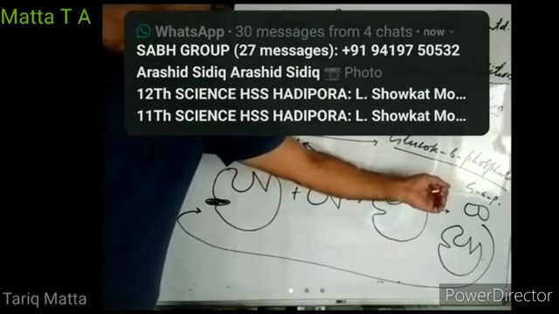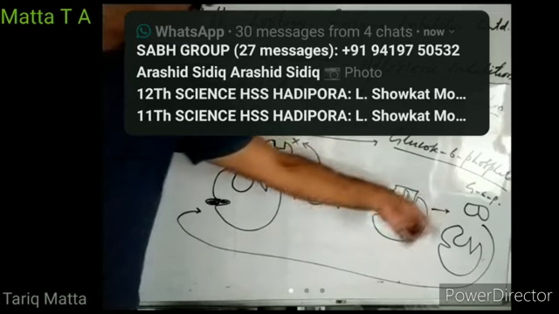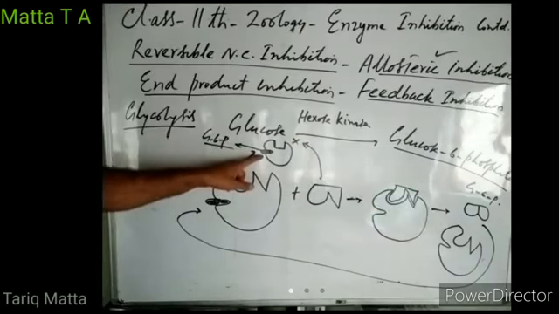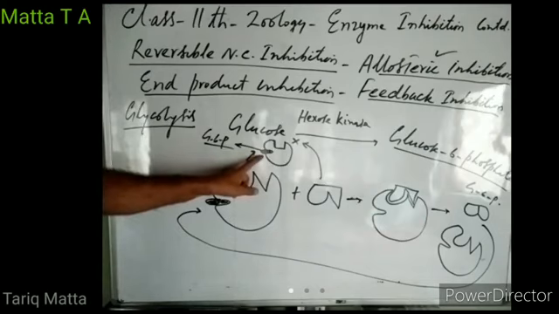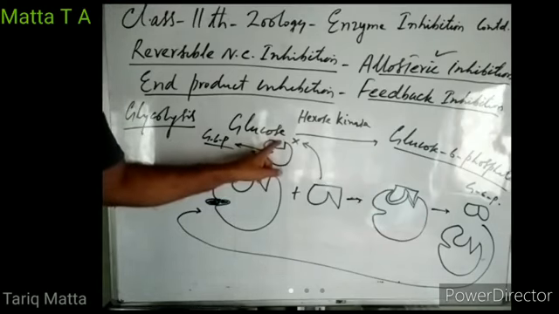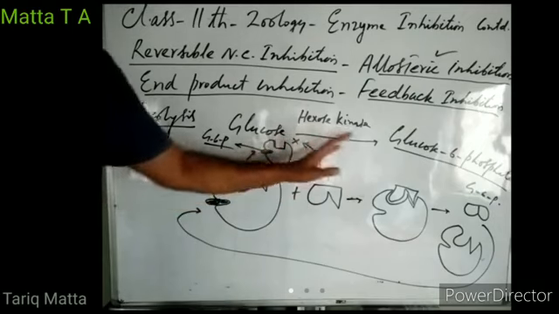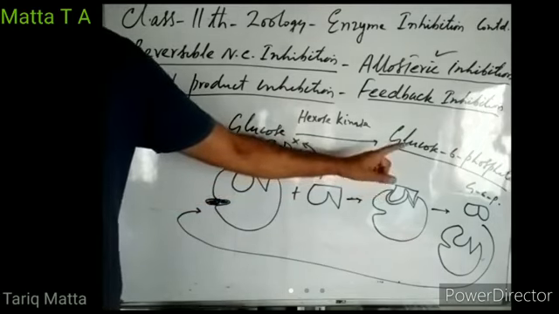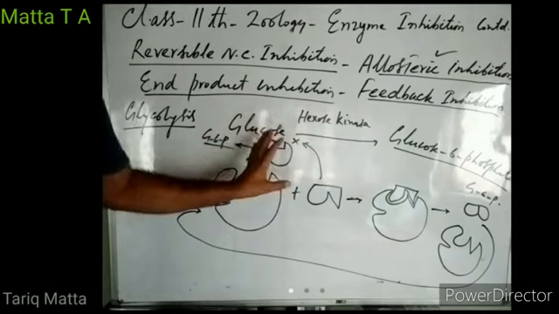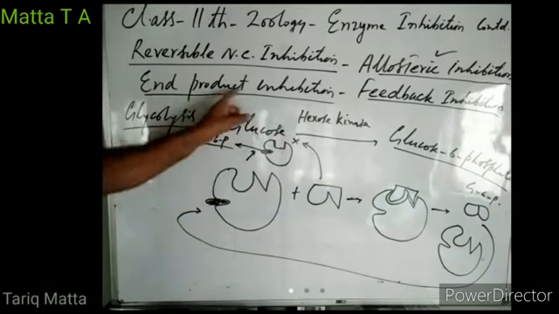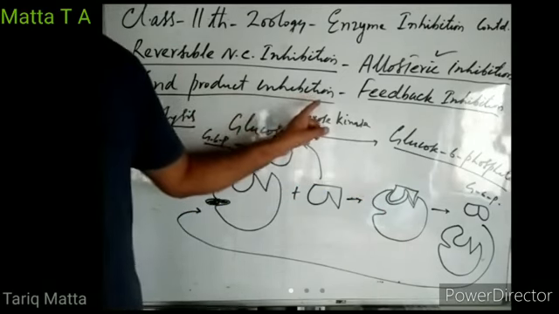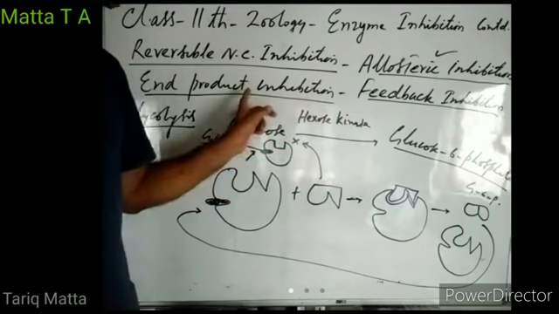Then one of the glucose 6-phosphate molecules binds to the allosteric site of the enzyme, hexose kinase, right? When it binds to the allosteric site, the active site gets modified. Now no more glucose can join it, and the pathway is stopped. So this end product causes the inhibition of the enzyme. That is why we call it end product inhibition.